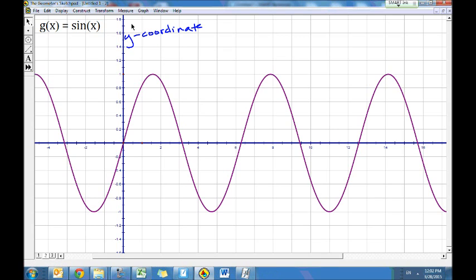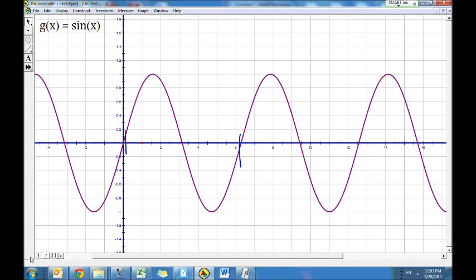Again, notice that it crosses here at 0, 0, and this has a period of 2 pi, meaning that it'll go through a full cycle in 2 pi. And we'll talk more about periods as we begin transforming these a little later. But this is what the sine of x function looks like.